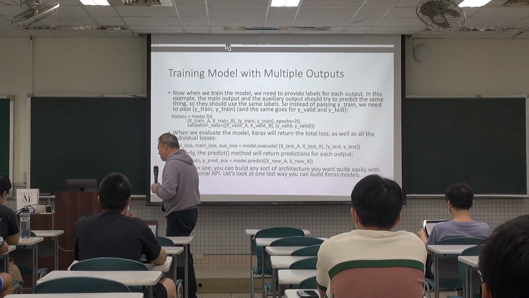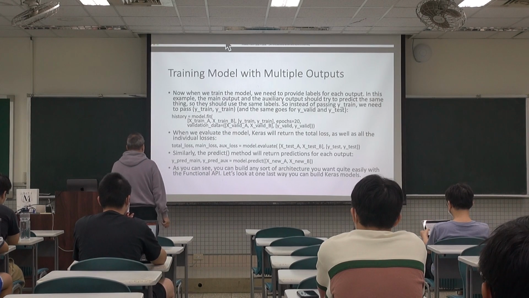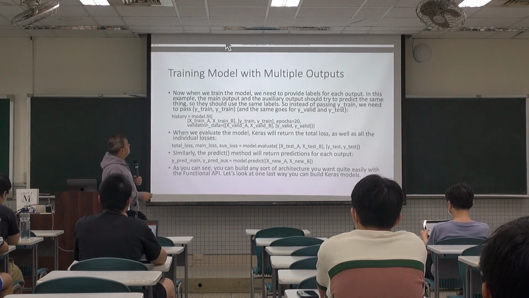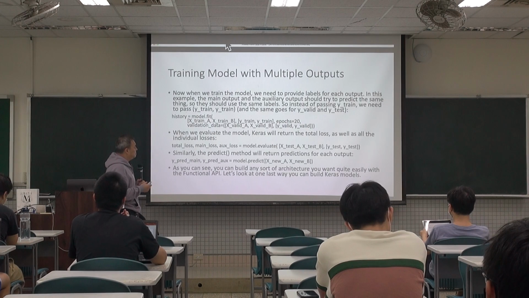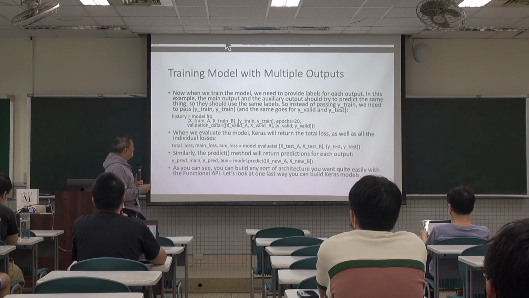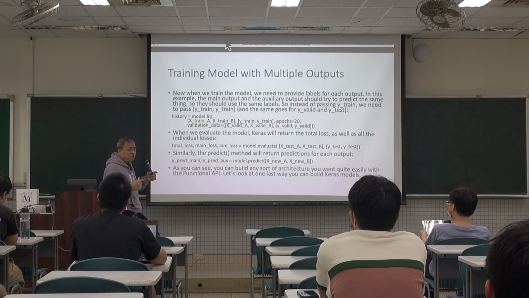But if you want to create a complicated model, then the functional API is a good one to use. It can accommodate many complicated cases, and no matter what, if you can draw the model, pretty much you can use the functional API to create it.